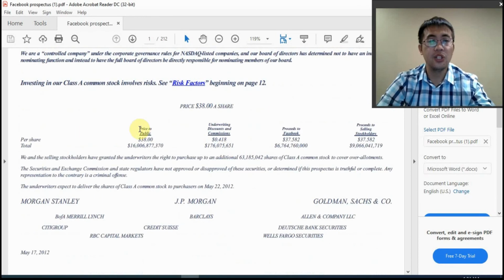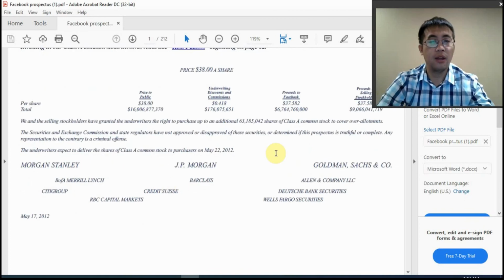You will also see the offering price here, and the underwriting commission for each share. So that's how much money the underwriters made for each share issued. And this is how much money is left for the Facebook company. And here is the syndicate of the underwriters. You have Morgan Stanley, JP Morgan, and Goldman Sachs.